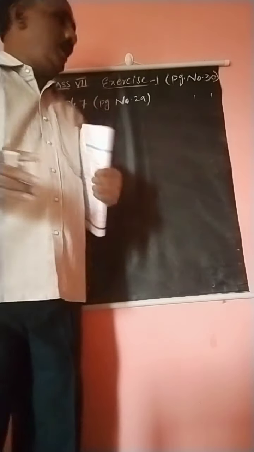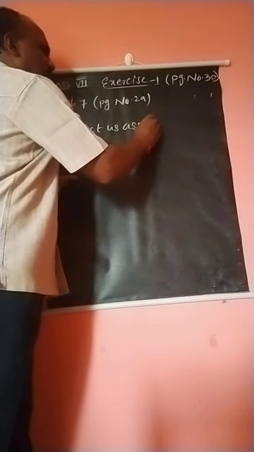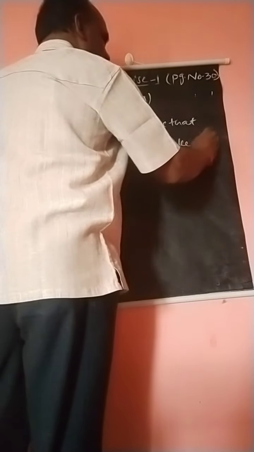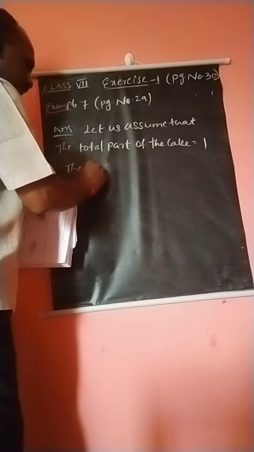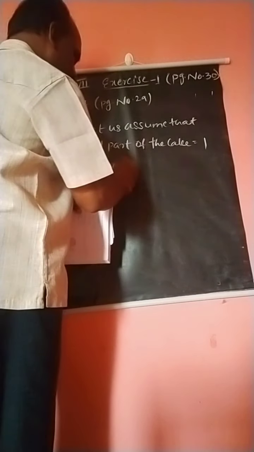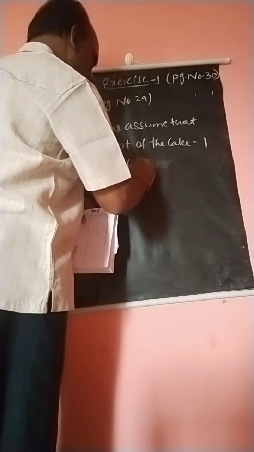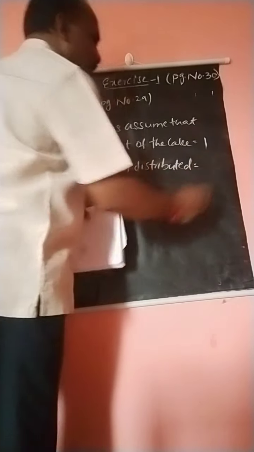First, let us assume that the total part of the cake is 1. Next, the cake distributed: how much part was distributed?